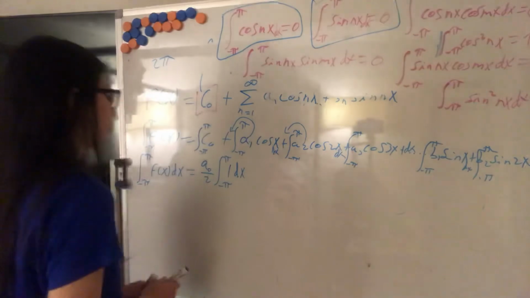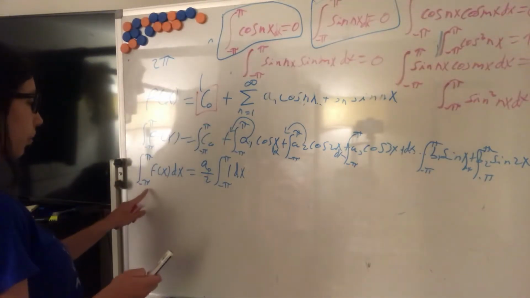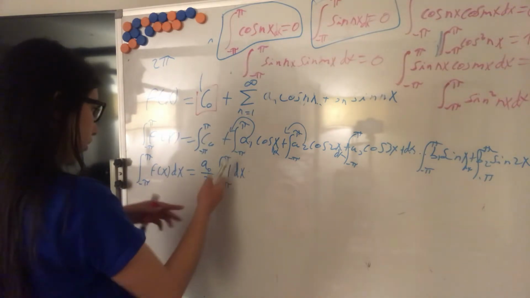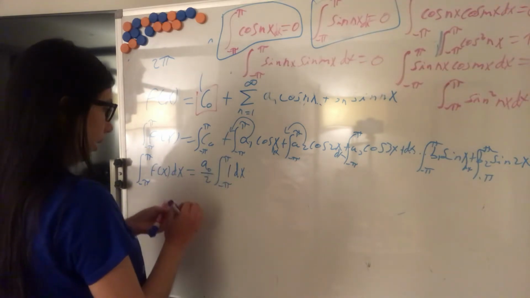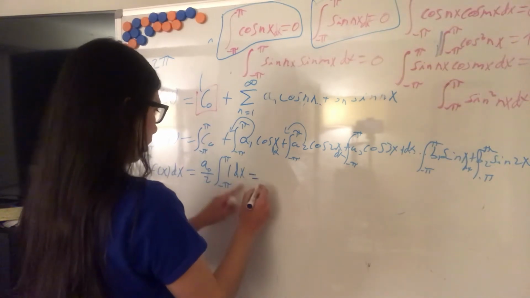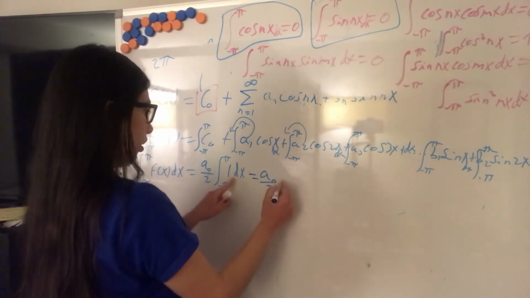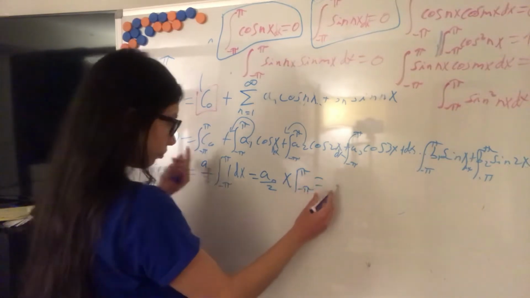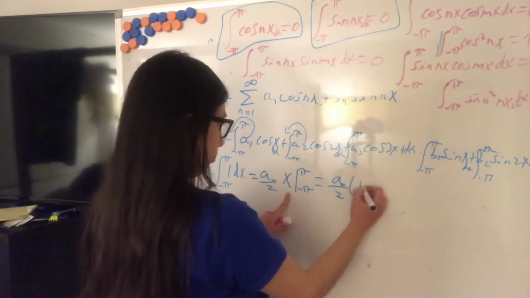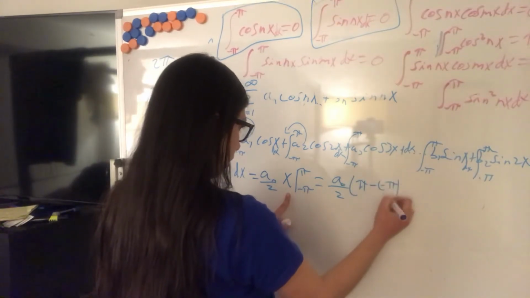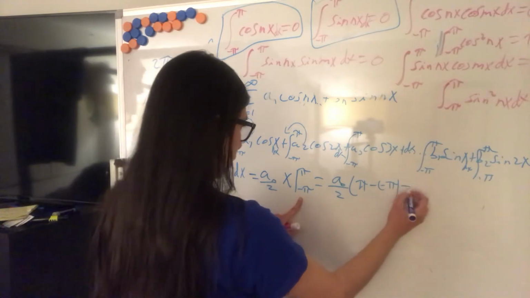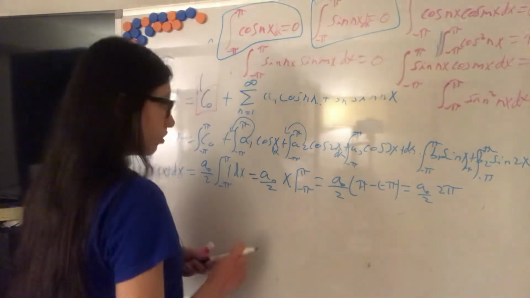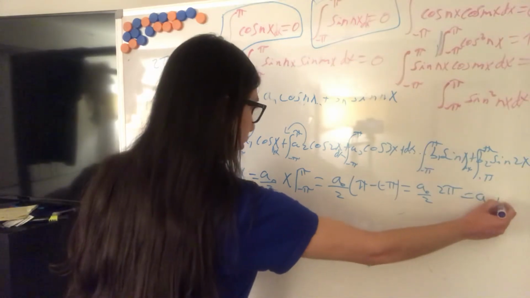The integral of 1 with respect to x is x, going from minus pi to pi, which is pi minus minus pi, so this is just a naught over 2 times 2 pi, so you have just a sub naught times pi.